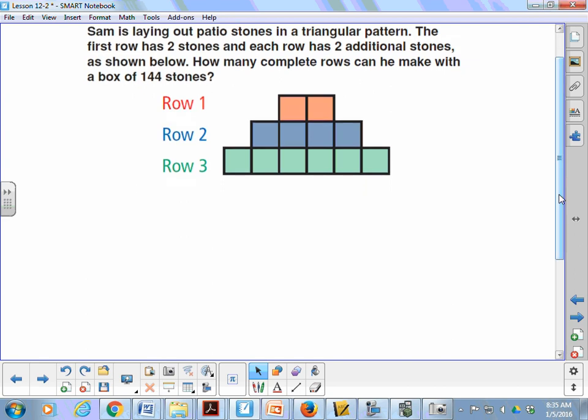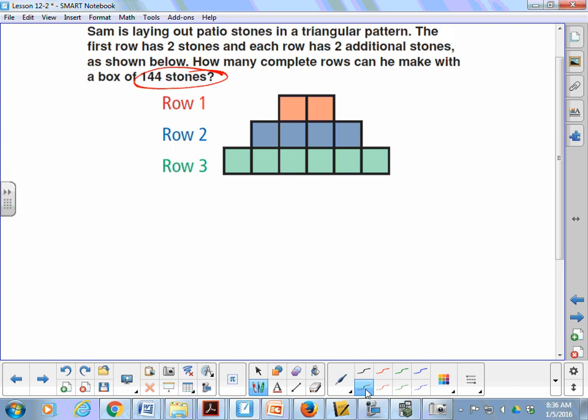The best thing is that you want to keep track of 3 things: the row number, the number of stones in a row, and the total number of stones used, because we only have 144 stones to use, so we need to make sure that we don't go more than that.